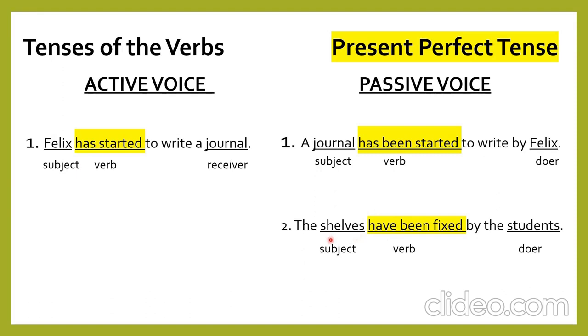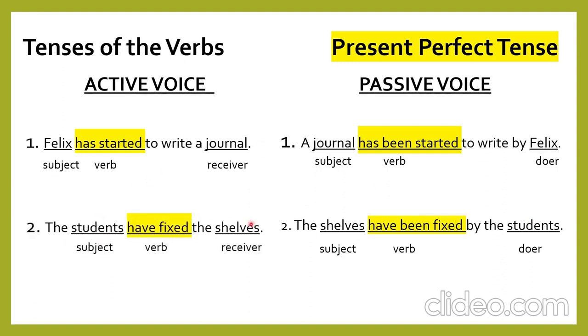Now how do we transform or convert it to active voice? The doer will become the subject, so the doer will appear in front of the sentence, and that's the subject. Then the subject here, which is shelves, will be transformed as the receiver in the active voice, and it will appear at the end of the sentence.